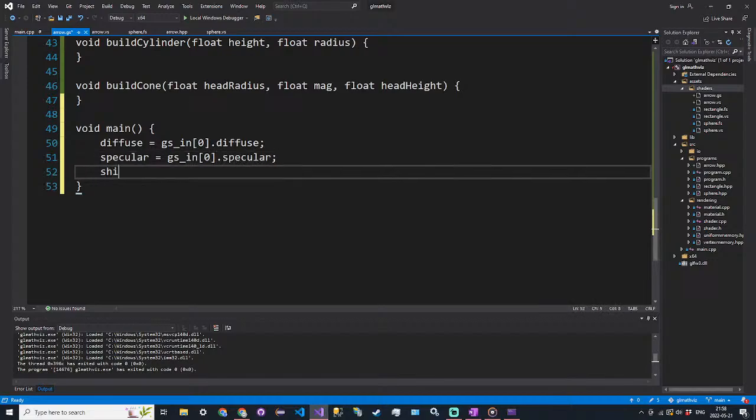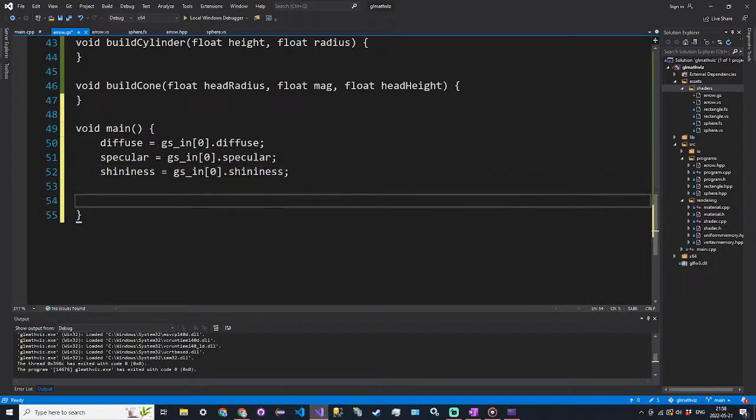And then shininess is equal to gs in at 0 dot shininess. And then we just want to call the build functions. So build cylinder. The height is going to be gs in at 0 dot magnitude minus gs in at 0 dot head height. And the radius is just the radius passed in from the arm radius from the vertex shader. So gs in at 0 dot arm radius.